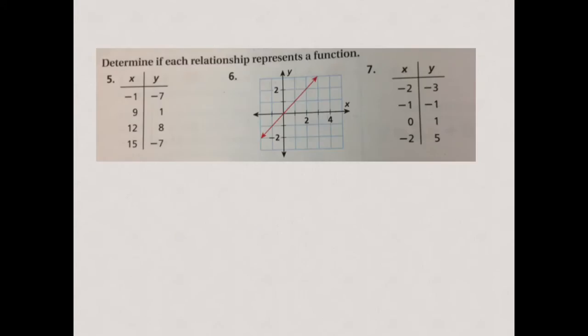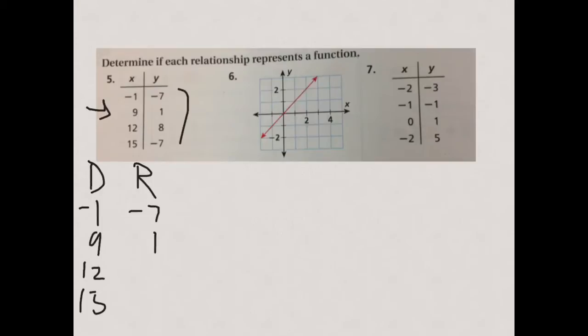Now, determine if each relationship represents a function. Now, you can use different methods, class. One of them is domain and range. My domain would be everything over here on the x side, so negative 1, 9, 12, and 15. My range would be everything over here, negative 7, 1, and 8. Now, I'm not going to put negative 7 again because I already have a negative 7.